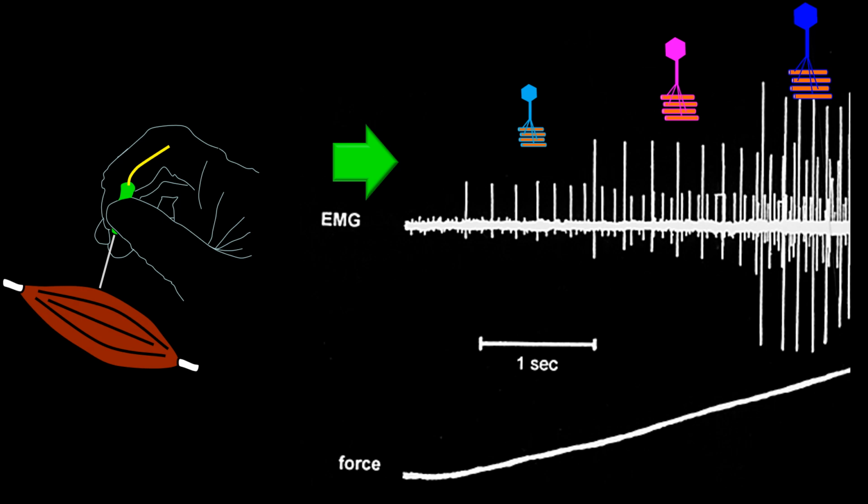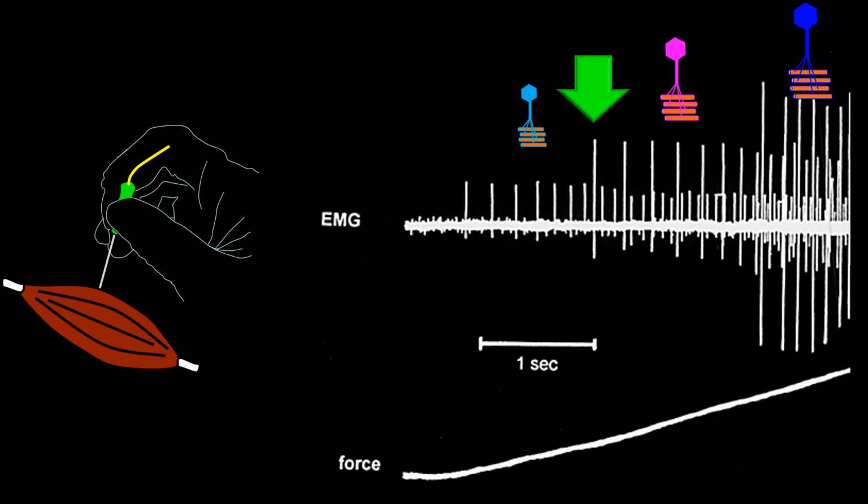The amplitude of the spike reflects the size of the motor unit, and the size of the motor unit reflects the size of the motor neuron being used. So, initially, the spikes are small, corresponding to small motor units. These motor units correspond to small motor neurons, as we have just mentioned.